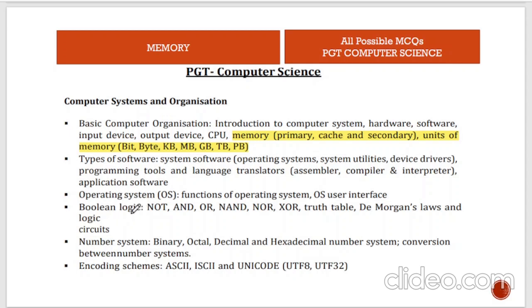In each video lecture we'll cover one particular concept with all possible MCQs, from easy to difficult level, like UG or PG level questions.